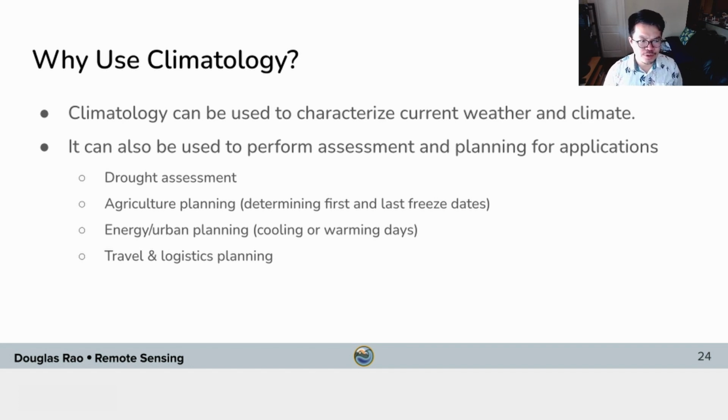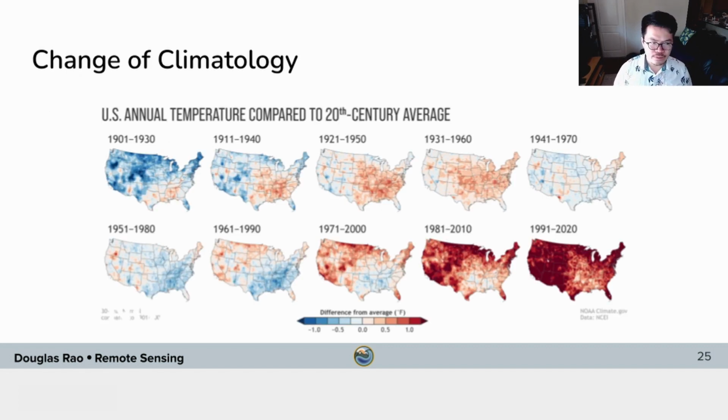Climatology can also be useful for activities like drought assessments, planning for agriculture and energy systems, as well as urban design, or can be used to plan for travel and logistics for different industries across different sectors of society. That's why major meteorological service agencies provide regularly updated climatology or climate normal for their country and the world using observational data.